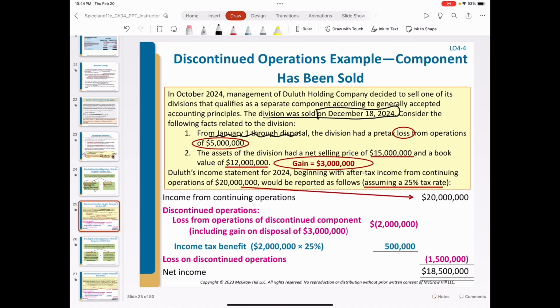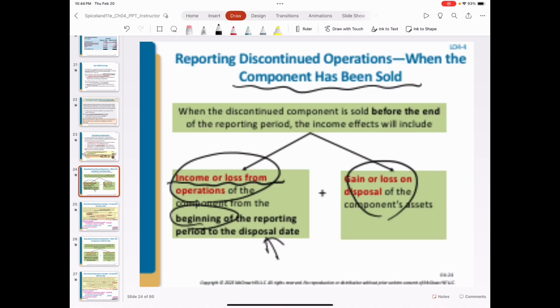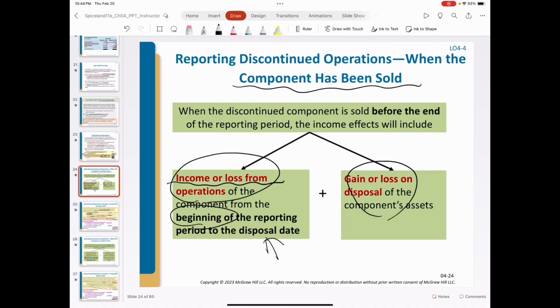In the beginning, this division generated a $5 million pre-tax loss. Well, this division was sold for $15 million. Its book value was 12. So we have the information for both.